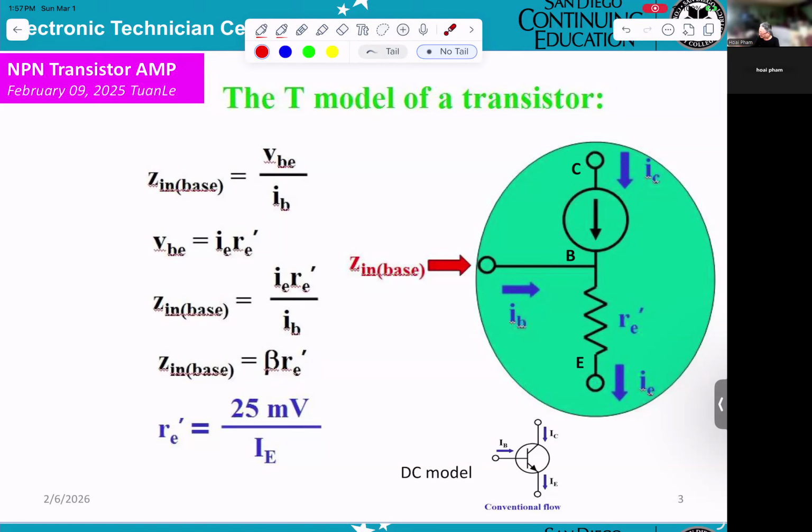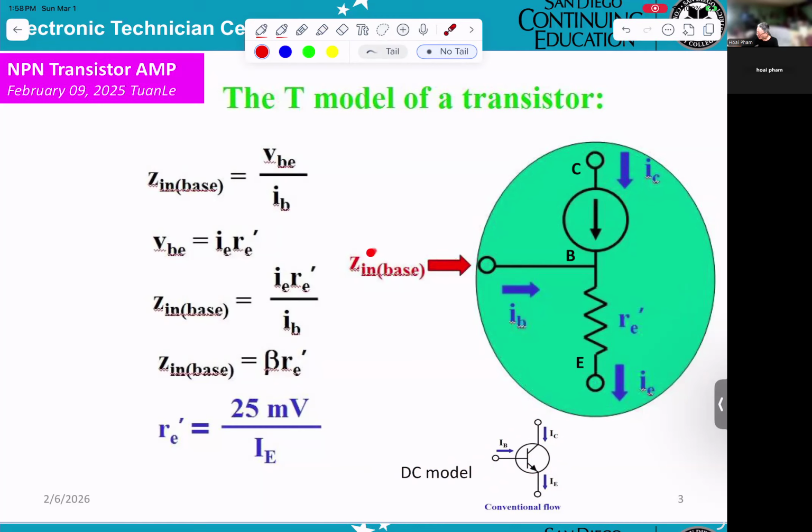You already have the Ebers-Moll transistor for the DC model. However, if you want to deal with the AC model, you can see the difference.